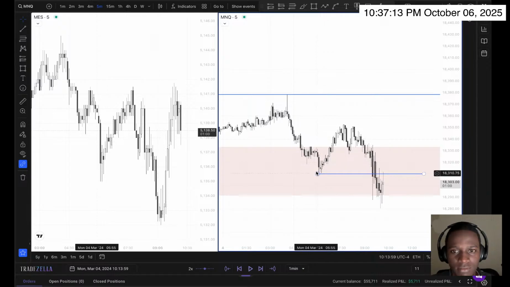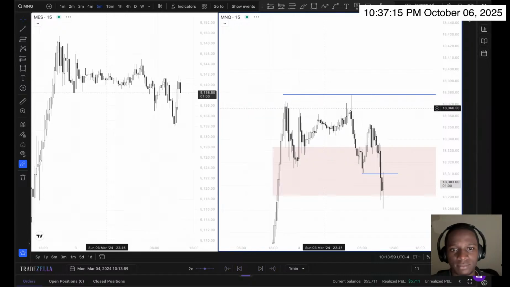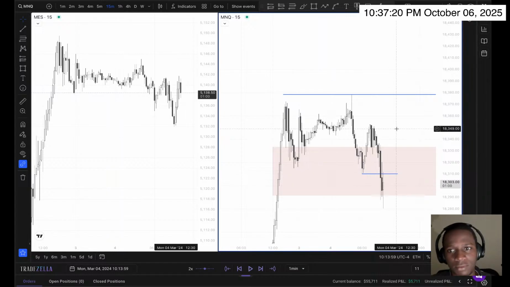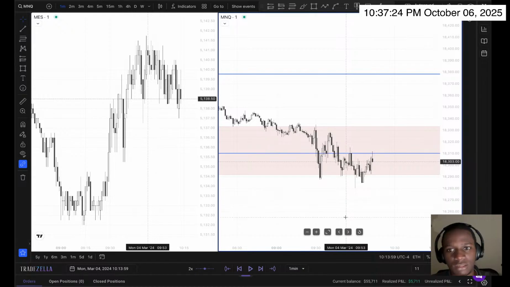So it's not an SMT, but up in 15, it's looking good, and I think it could probably deliver higher, even though we're in this gap here. So yeah, slow day.